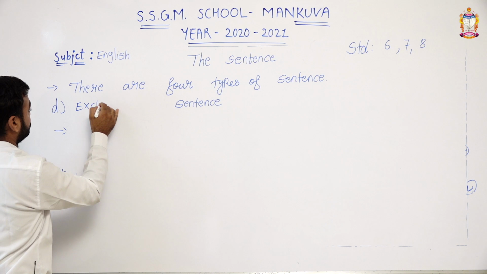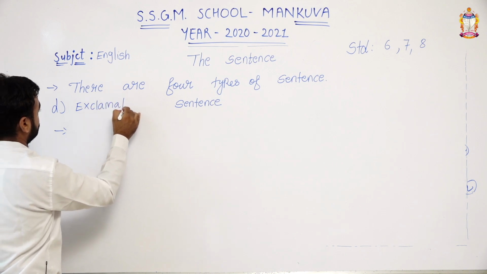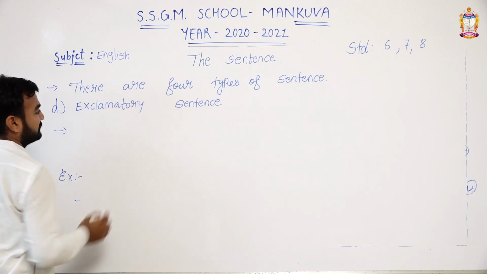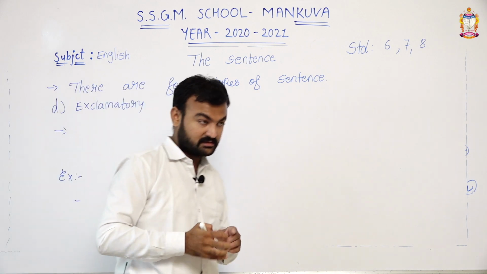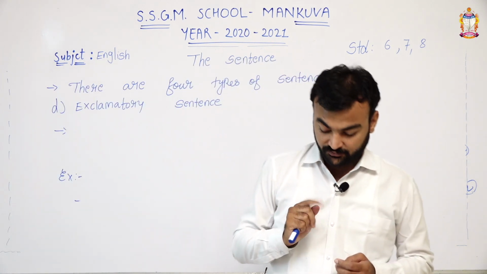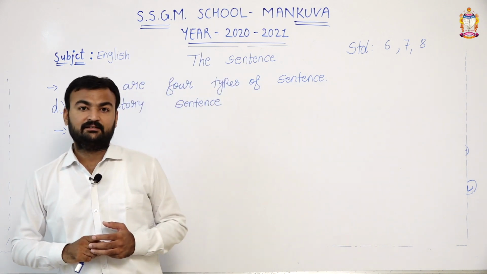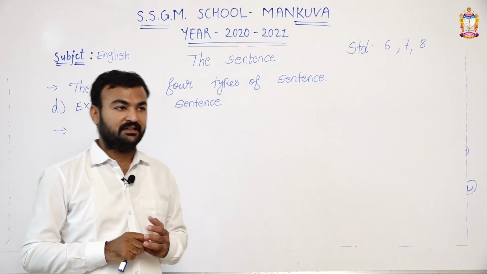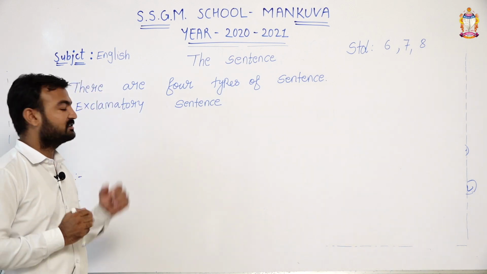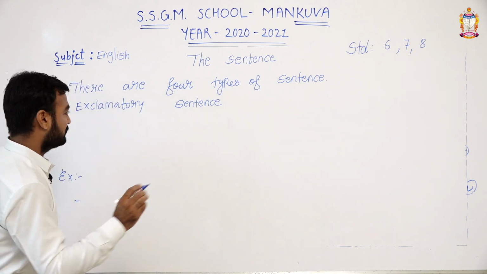Now number 4, exclamatory sentence. Exclamatory sentence, type number 4. The sentence which expresses strong feeling is known as an exclamatory sentence. I am writing the definition.